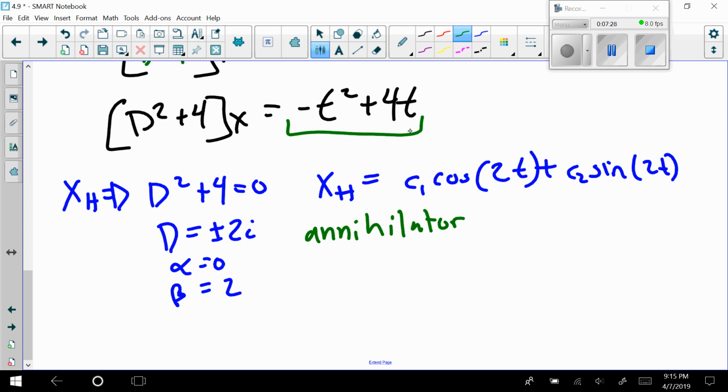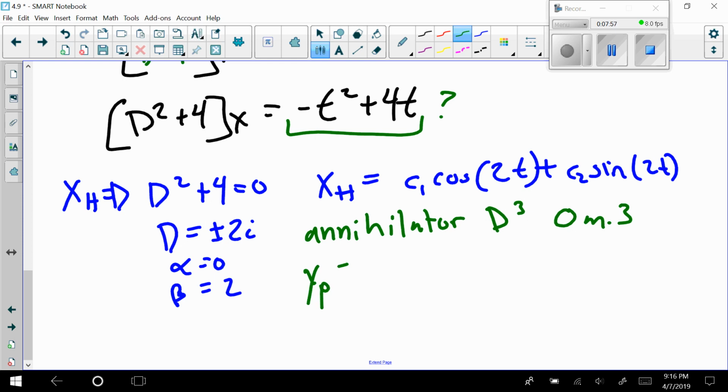And I want to know what annihilates this thing up here. Well, it's real simple because they're just this squared and this t. Real easy. I just need d cubed. If it's d cubed, then that essentially creates 0 with a multiplicity of 3. Have we used any zeros over here? No. Well, then that means y sub p, the particular, or I shouldn't say y.